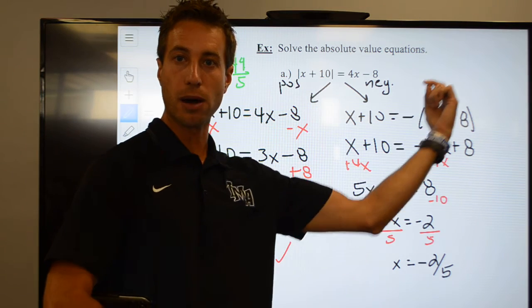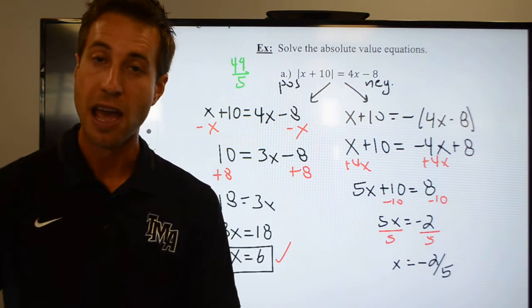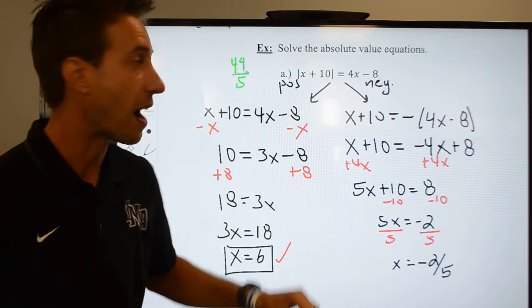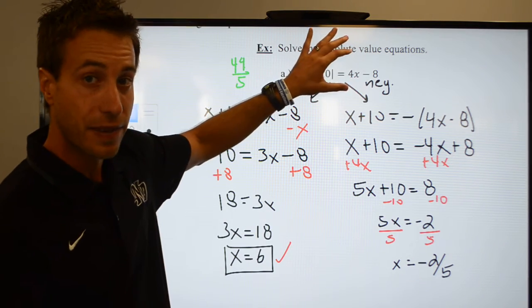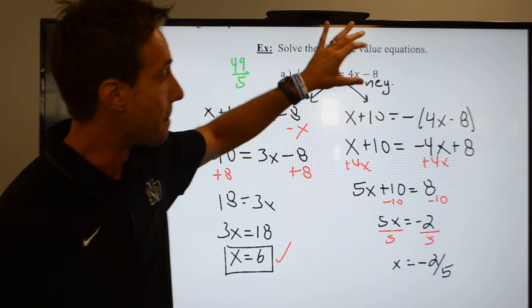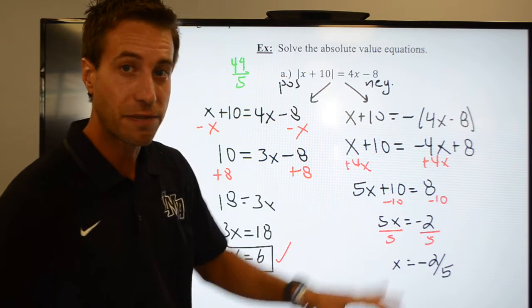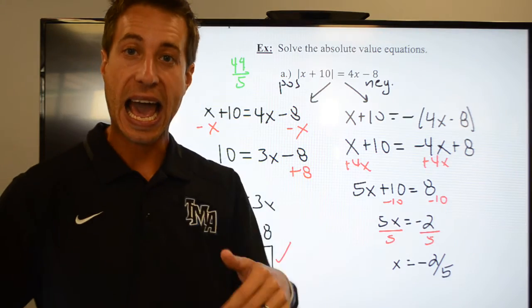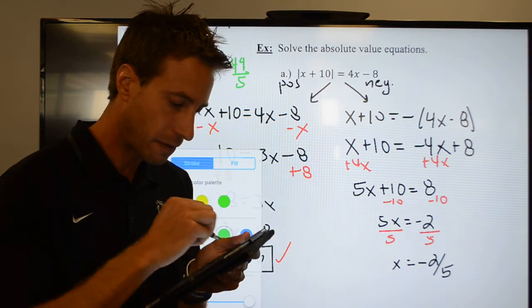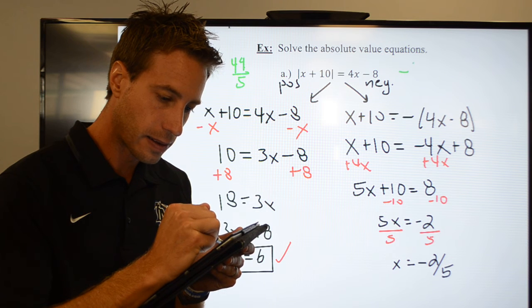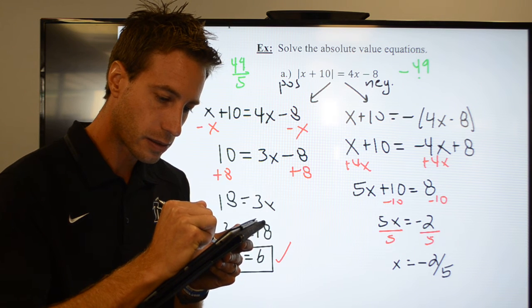But I can't put a 5 in the bottom without also putting a 5 in the top. 8 times 5 is 40. So I have negative 8/5 minus 40 fifths. Add the opposite. You wind up with negative 49 fifths.